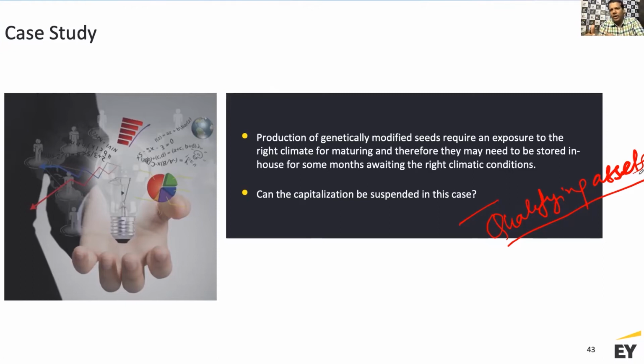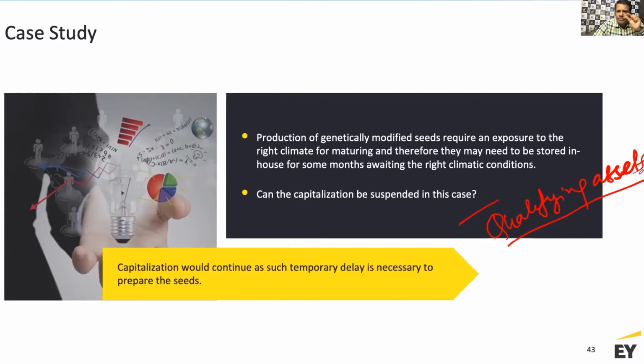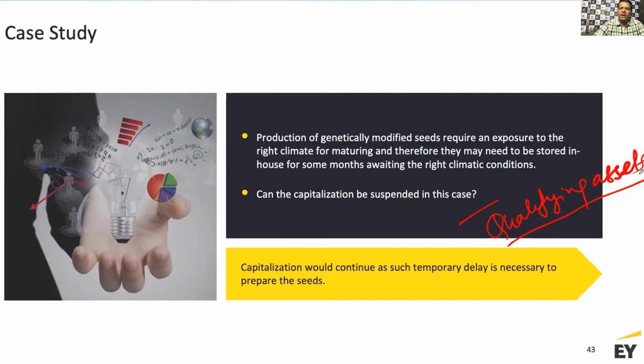Similarly, in this situation, if this genetically modified seed is required to wait for the right climatic condition, and this process is ongoing, then you will continue to capitalize the interest cost which has been incurred during this period. So the temporary delay is necessary to prepare the seeds. You will not stop the capitalization of interest during this period as well.